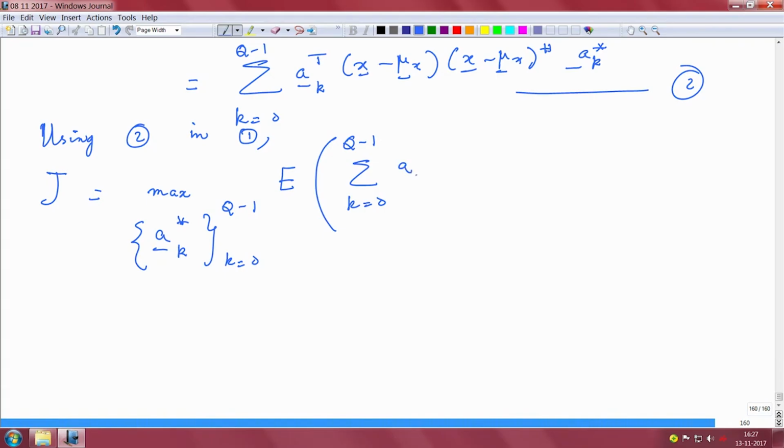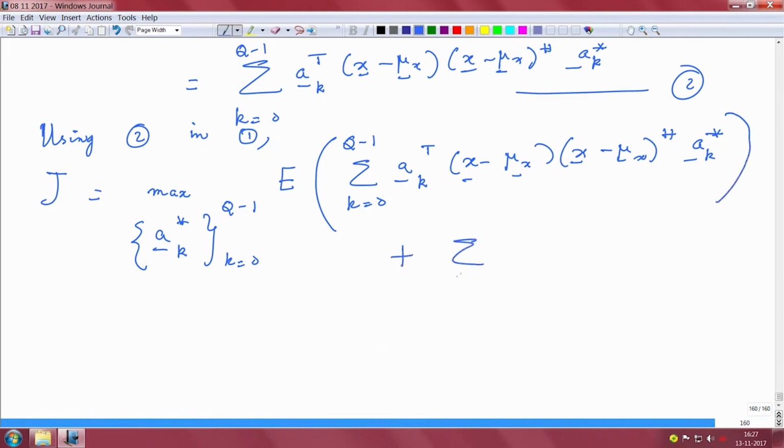I just drop in 2 directly here: A_k transposed (x minus mu x) times (x minus mu x) Hermitian A_k conjugate. I want to maximize this subject to these constraints.